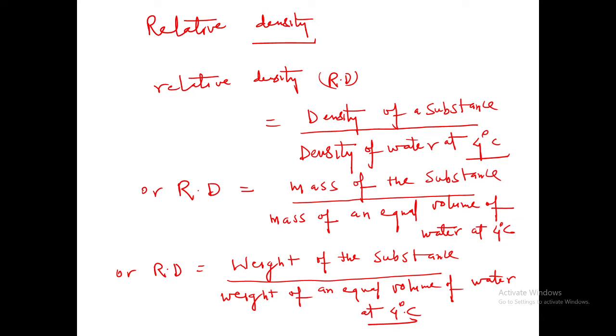Now I want to tell all of you that the density of water is 1 gram per centimeter cube in the CGS system. So the relative density of a substance is numerically equal to its density in the CGS system.